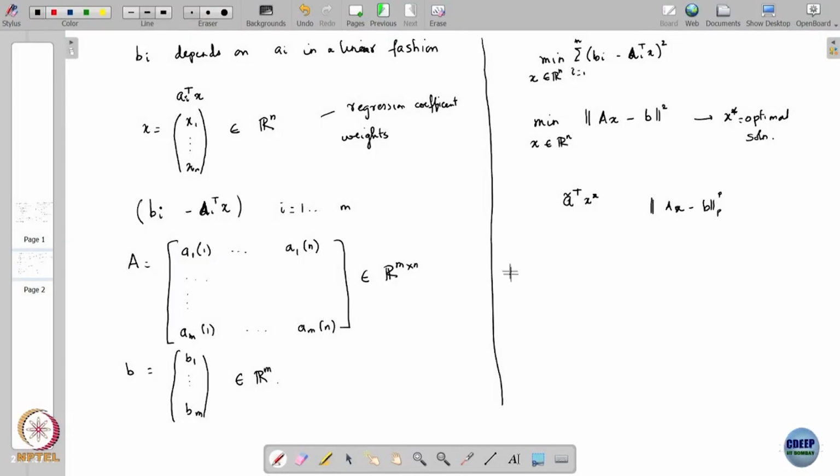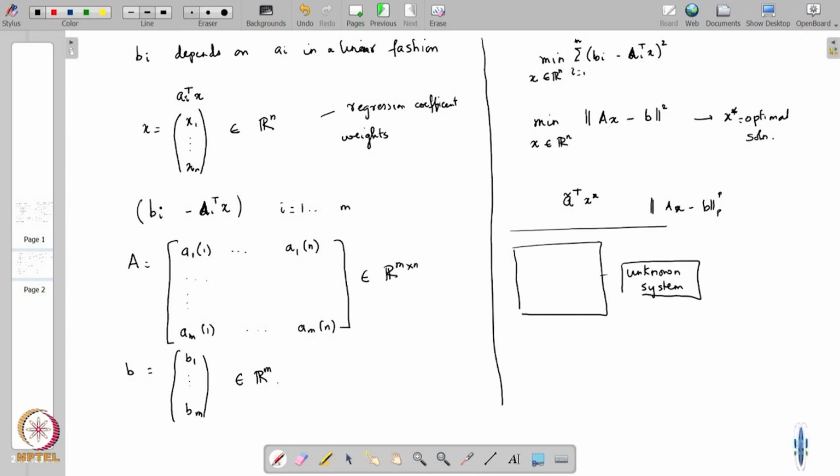So, broadly speaking, the problem is something like this. You have an unknown system to which you have provided inputs, denoted in this sort of fashion, n inputs here.